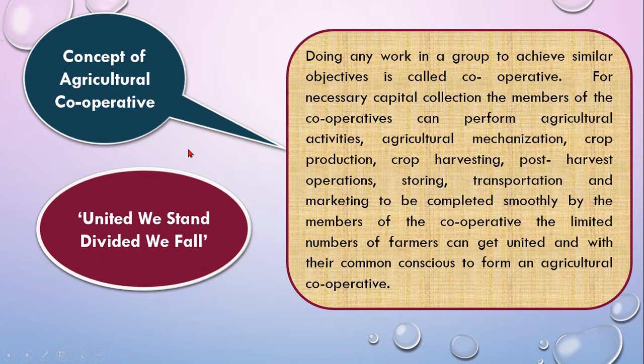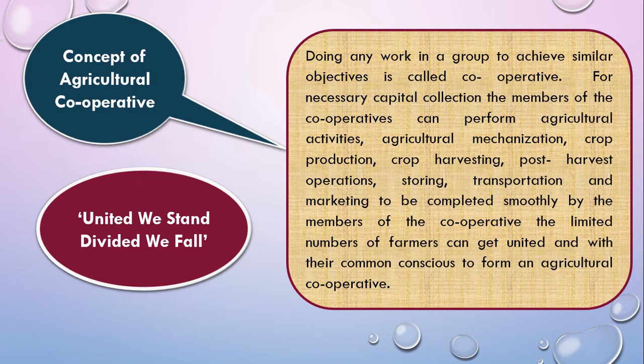So what is agricultural cooperative? In our country there is a proverb which is called united we stand, divided we fall. That means if we are not united, then we can fall down very quickly. If we are united, then we do not fall down very quickly.